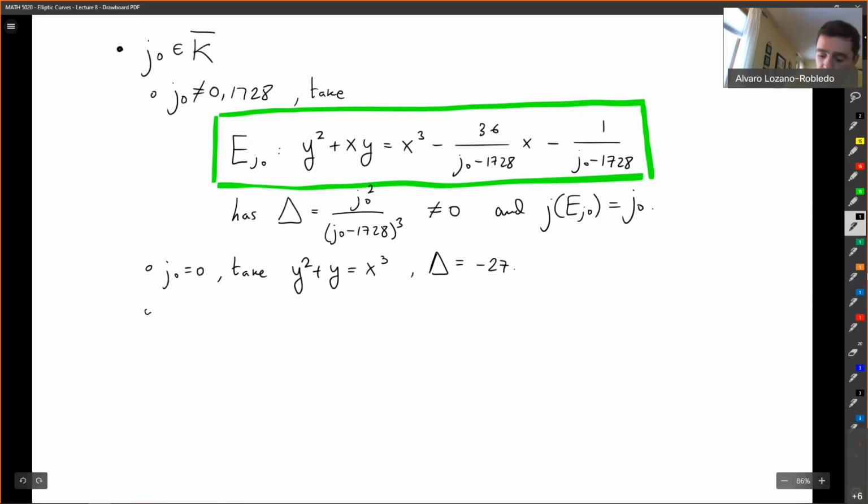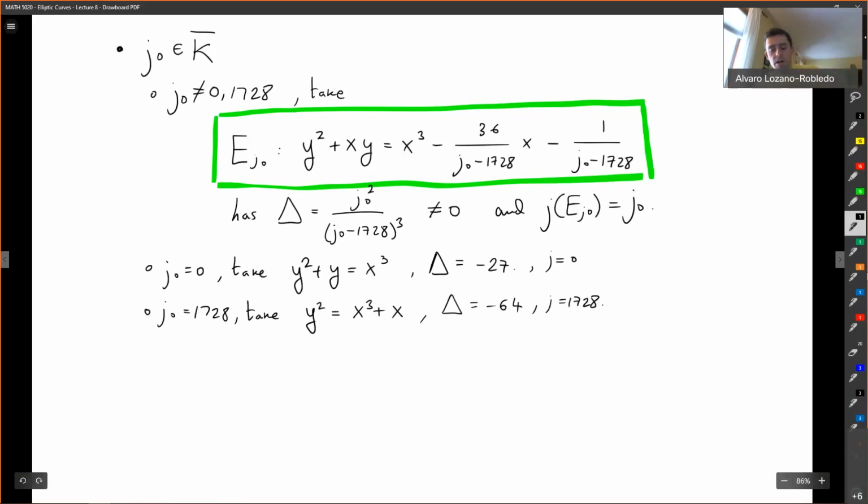And if j is 1728, then you can take y squared equals x cubed plus x, which has discriminant minus 64. The j here is 0, the j here is 1728. So those are the two models with j equals 0 and j equals 1728.